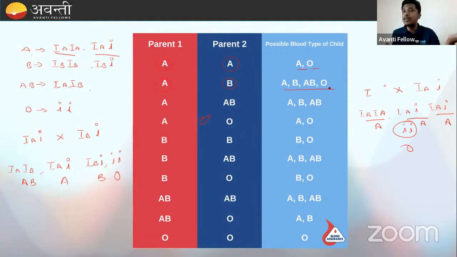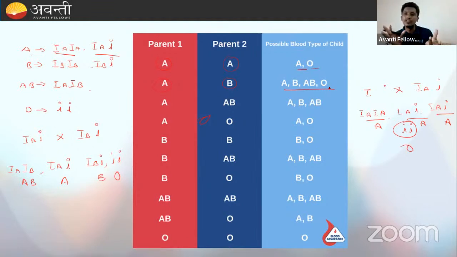There is a specific reason I'm telling you this, because in 90% of the cases, they always come with this question. If a grandparent has this blood group and the grandchildren have this blood group, what are the possibilities of the parent blood group? Or if one parent has this blood group and one child has this blood group, what is the blood group of the mother?